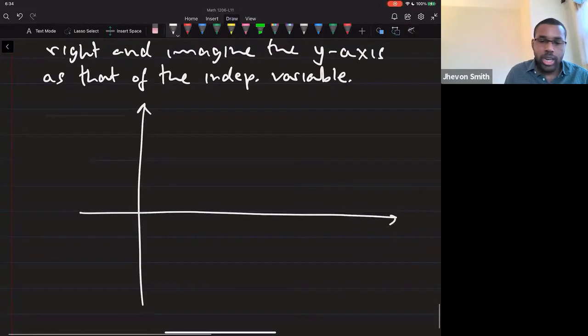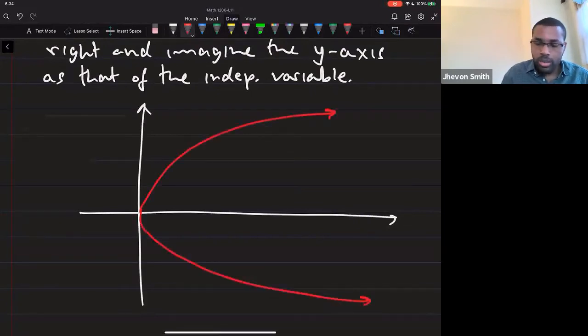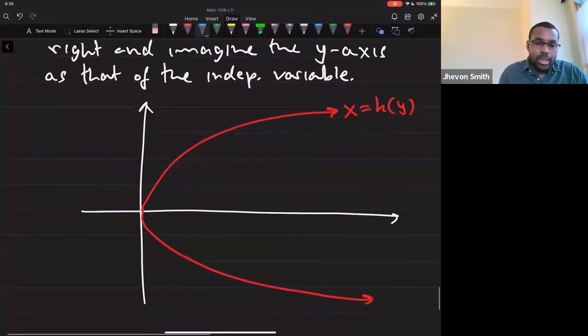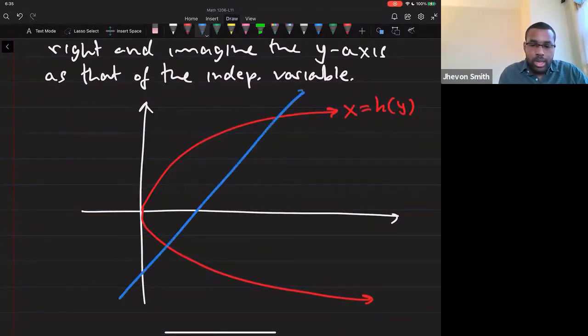So nothing has changed, but now instead, I'm going to think of this as, say, x equals some h of y function, right? So it's like I'm tilting my head to the side, and now I'm just looking at this as if it were a parabola. And I'm imagining that the y-axis is kind of just like the x-axis. And this guy here also, now I think of it not in terms of x, but in terms of y. So like x equals p of y.